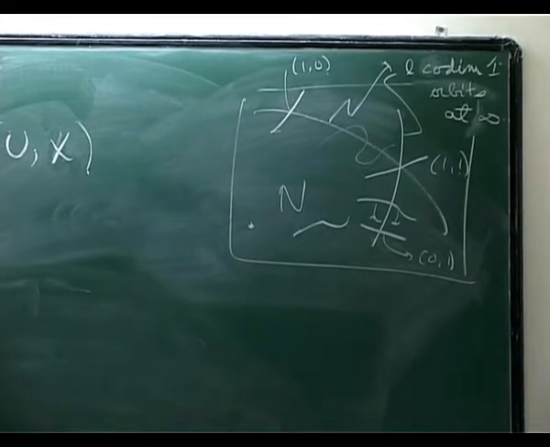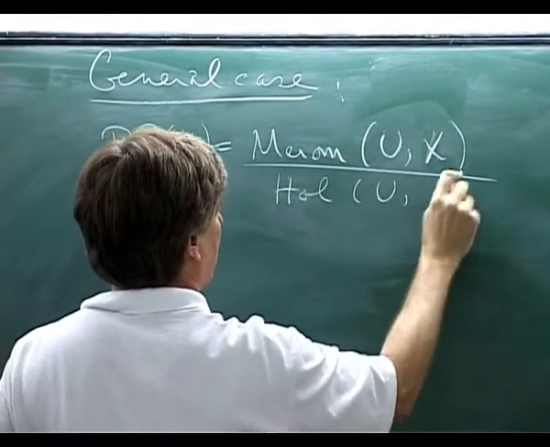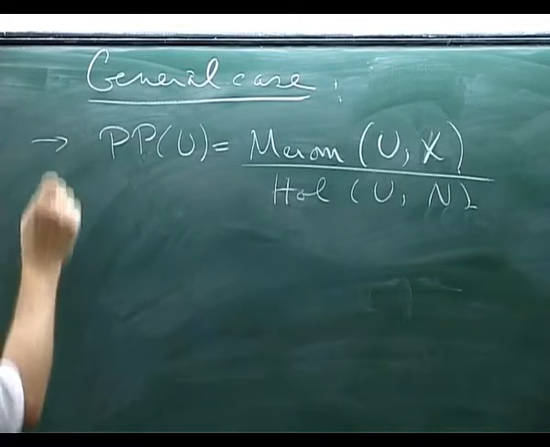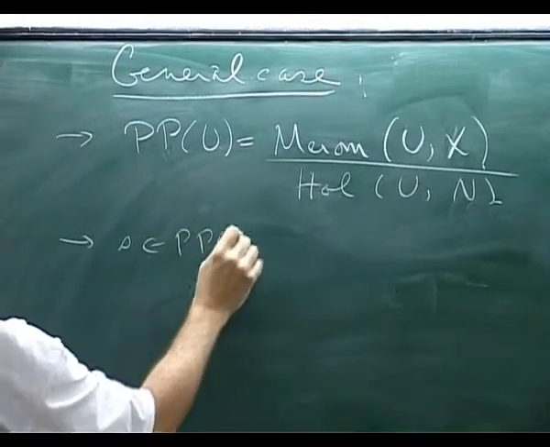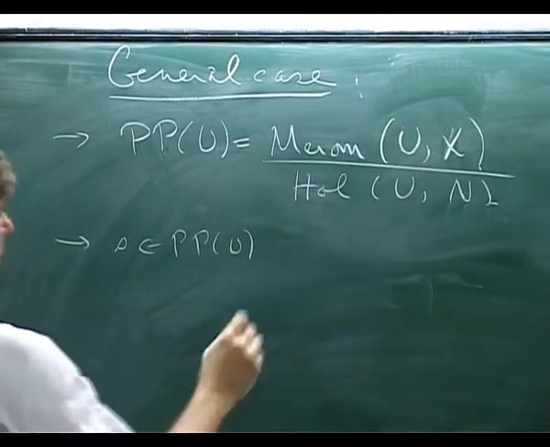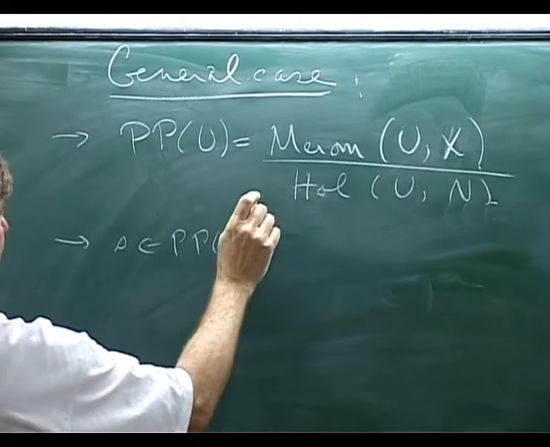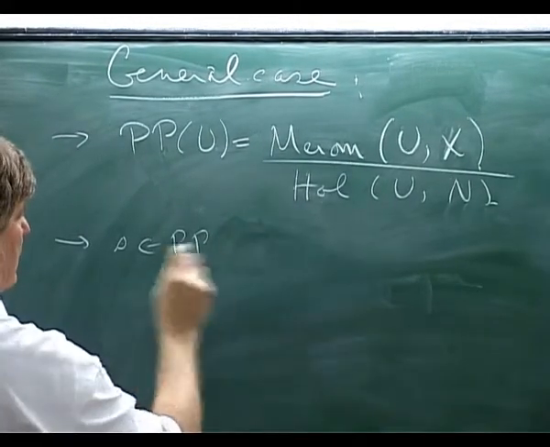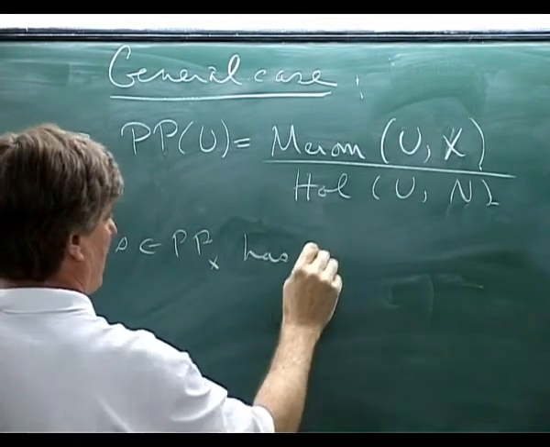Okay, so principal parts will be the quotient by, again, all U into N. And as I was saying, s belonging to principal parts, well, I just take the limit. So s belonging to principal parts has, over the point x, a multiplicity.